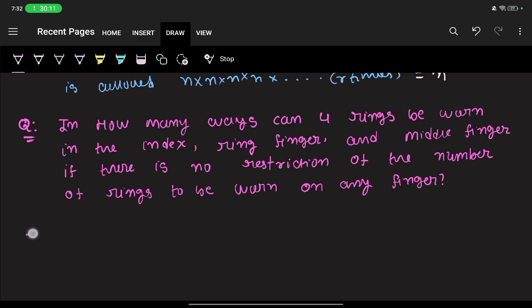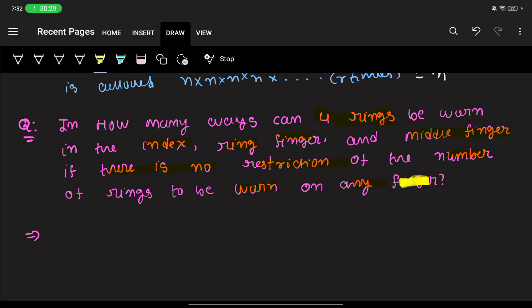Again, read the question. In how many ways can 4 rings be worn in the index, ring finger, and middle finger if there is no restriction of the number of rings to be worn on any finger?